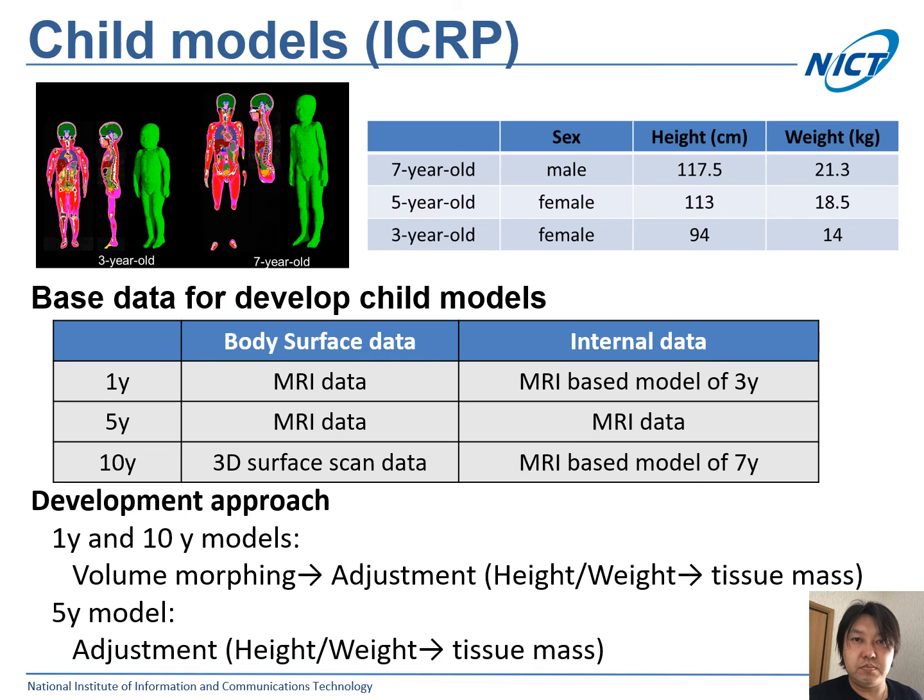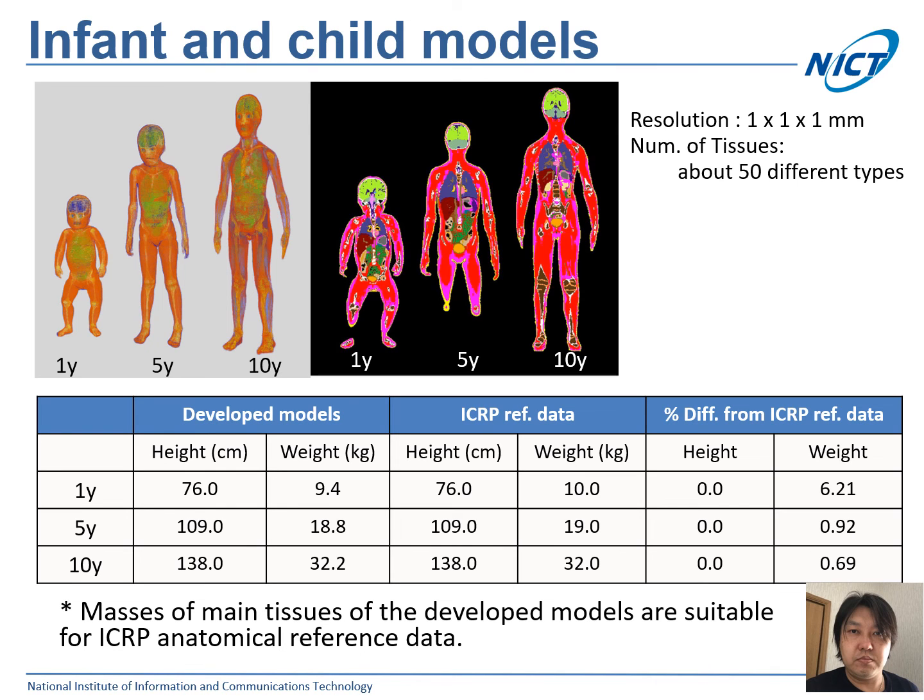The table shows the base data of body surface and internal body for developing ICRP child models. We generated the ICRP model by using volume refilling and scaling body types and by adjusting internal tissues. This is a developed child model.